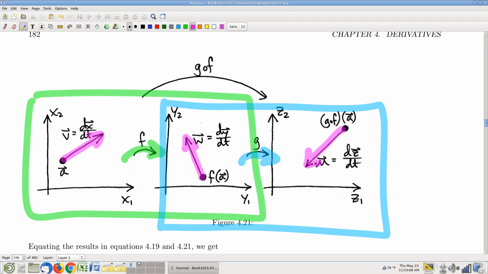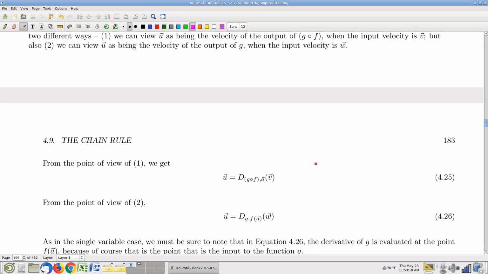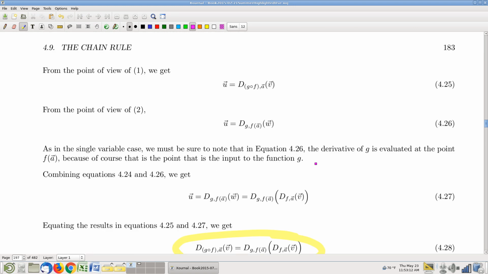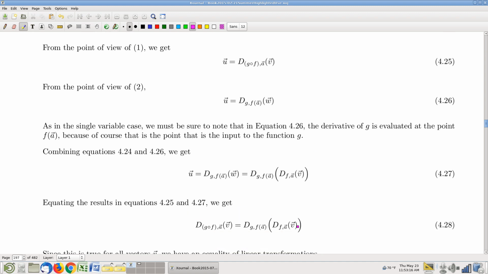So let's write that down. Given that input velocity v, I apply the derivative of f, and then I apply the derivative of g.